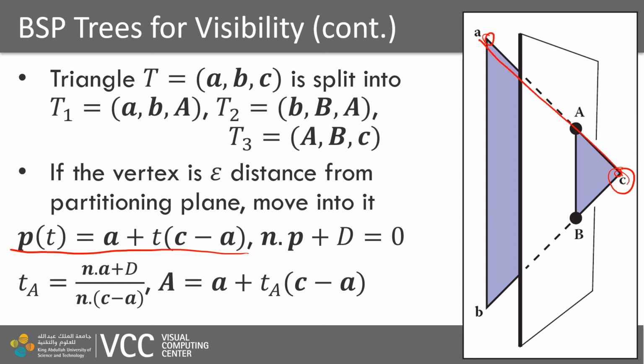and we are trying to find out the t for which the value of our function is equal to 0, of the function of our implicit plane. Our implicit plane equation is of this form, as you remember. So ax plus by plus cz plus d equals 0.